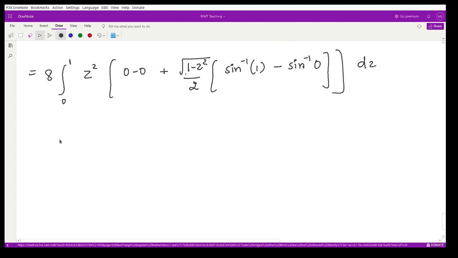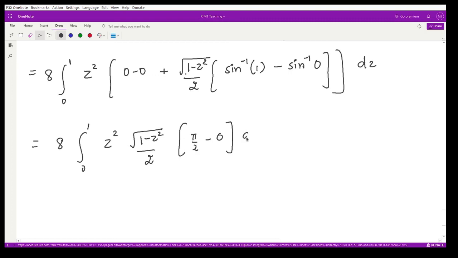Now this thing is equal to integration from 0 to 1 z square 1 minus z square square root by 2, and then sine inverse of 1, that is equal to pi by 2, and sine inverse of 0 is 0. So this cancels with this, so you are only left with 2 pi, right? 2 pi integration from 0 to 1 z square 1 minus z square dz.